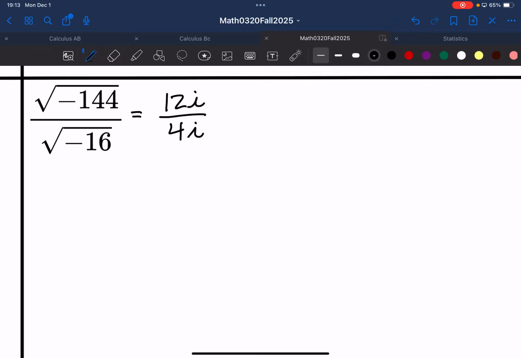Good, because this is i times the square root of 144, which is 12, so 12i. And i times the square root of 16, which is 4, so 4i. What happens to the i's? Cancel, and can we simplify 12 over 4? Yes. 3, that's our answer.